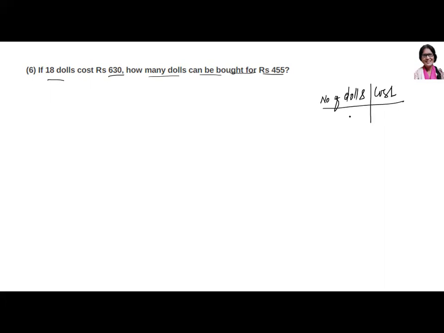If the number of dolls is more, the cost will be more. If it is less, you have to pay less cost. So here the number of dolls and cost.